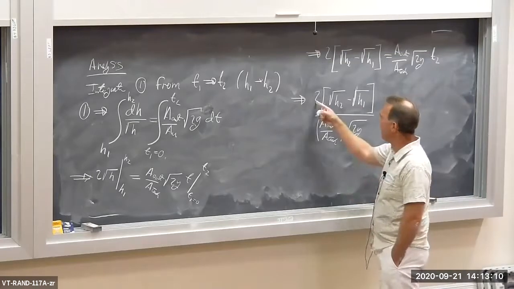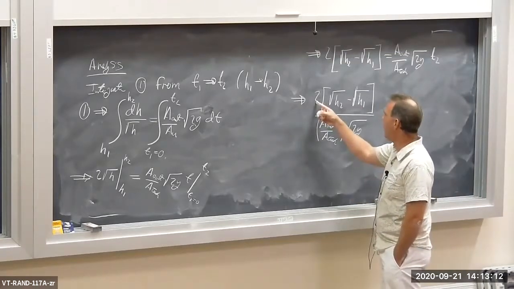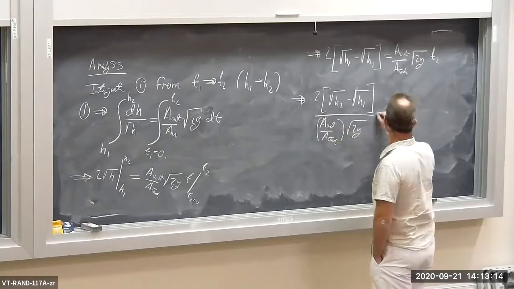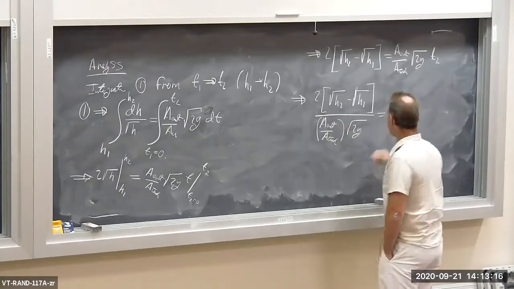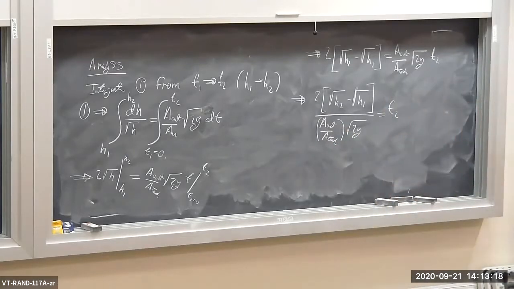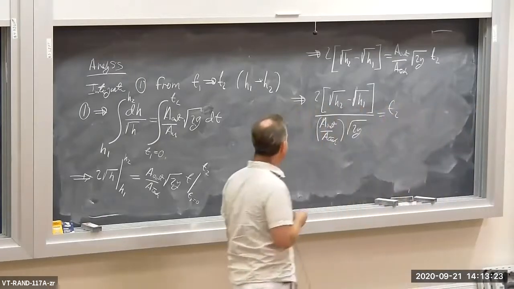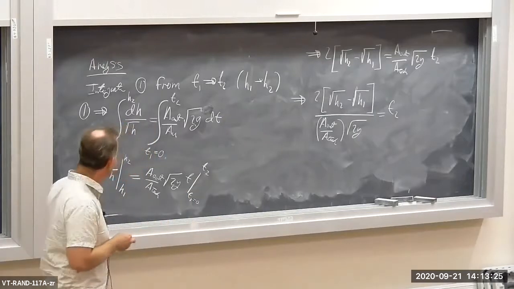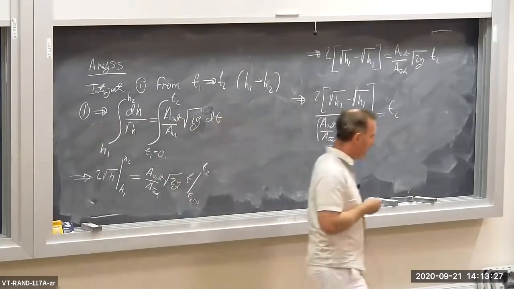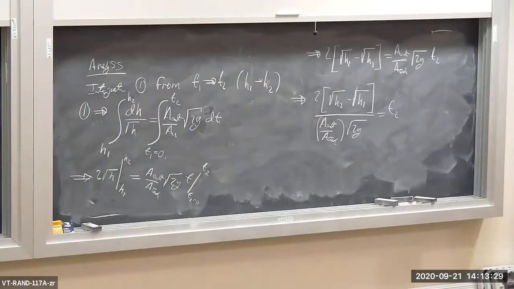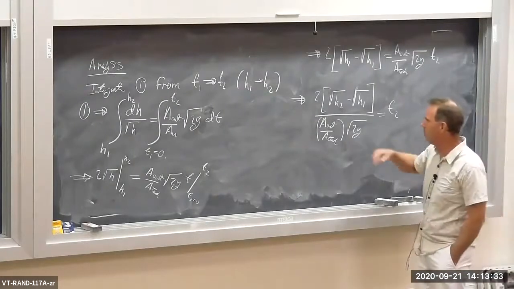Now I can divide both sides by 2. Oh, I'm sorry, this is equal to t2. Okay? So the time, and we'll flip the equation in just a second, to get t2 on the left-hand side. So the time t2 to drain the tank is a function of these various initial and final heights, the gravitational constant, and the ratio of the flow areas.